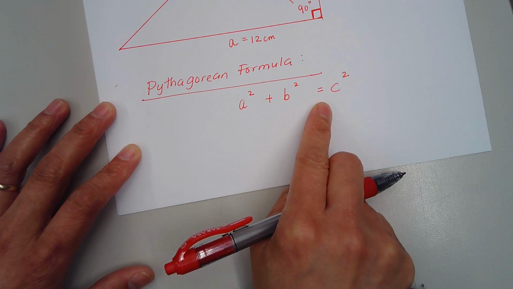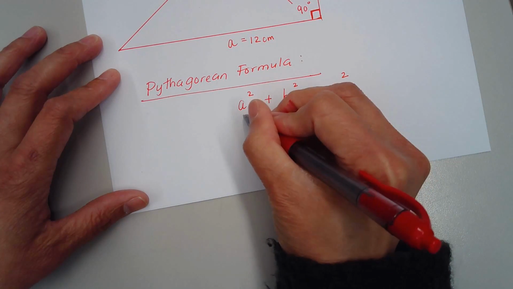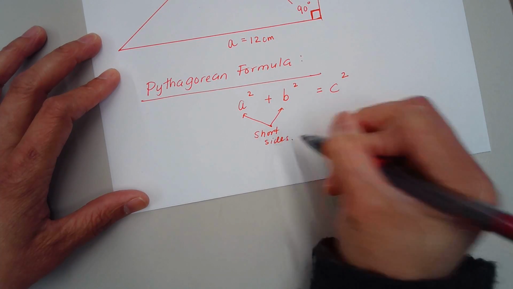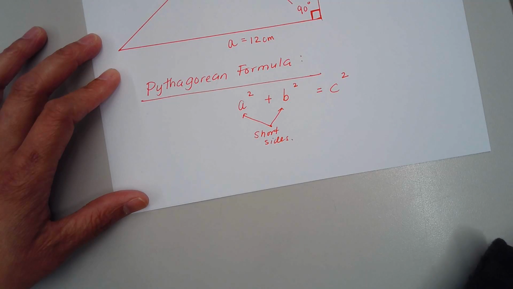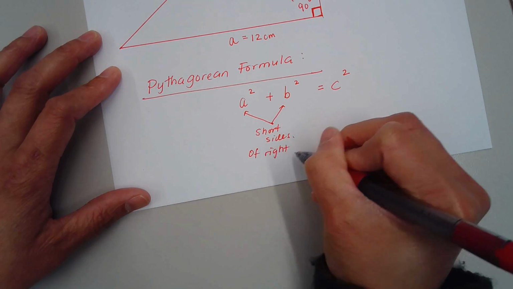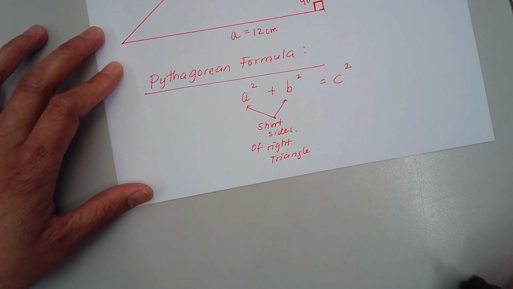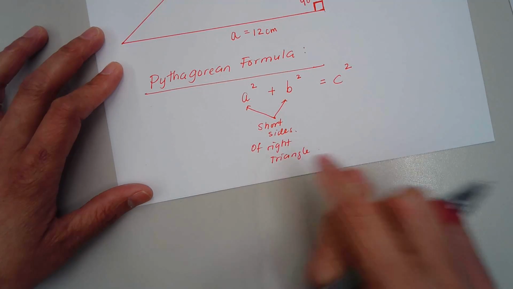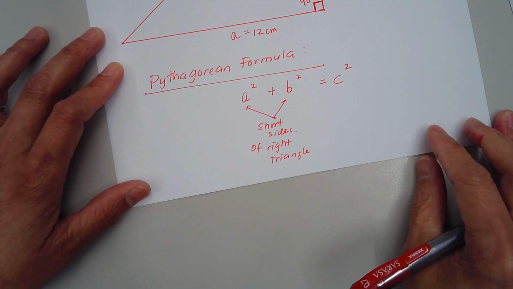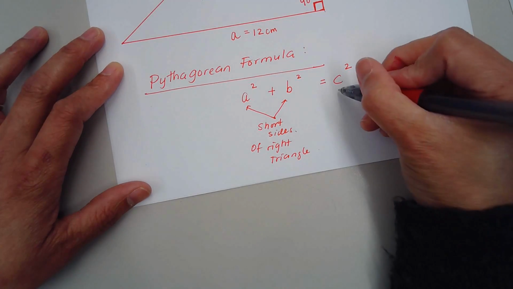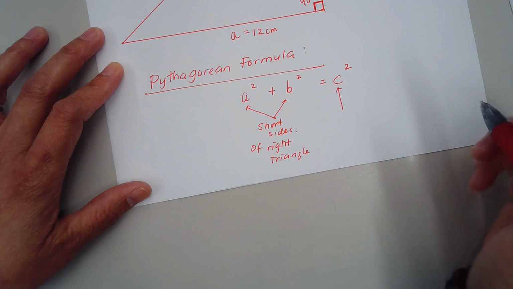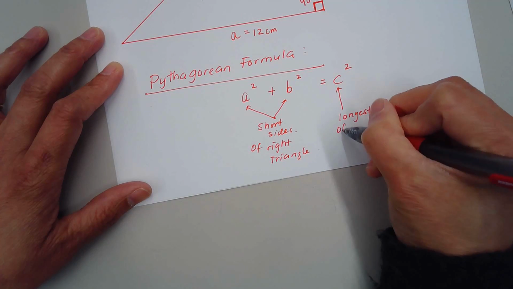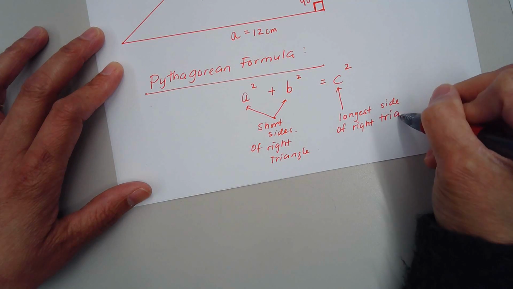This is the longest side of a right triangle. And where is the longest side located? Across the 90-degree angle. So if we add up the squares of those two short sides, I'm going to end up with the square of the longest side.